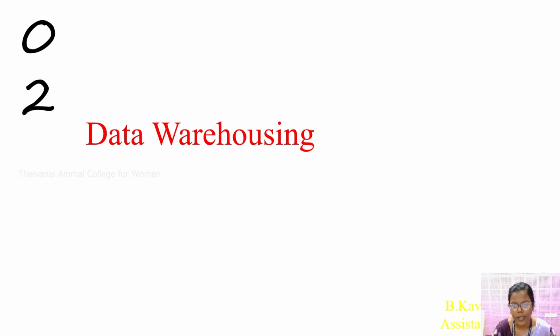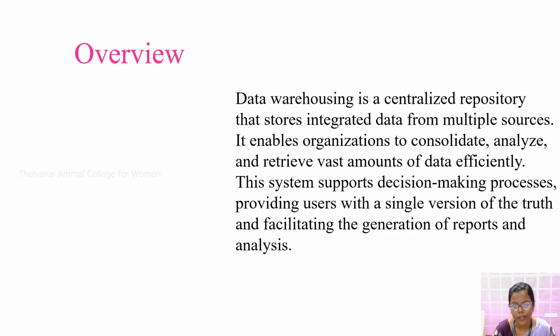What is meant by data warehouse? Simply, we define it as a huge amount of data stored in a repository, which is called the data warehouse. Data warehouse is a centralized repository that stores integrated data from multiple sources.